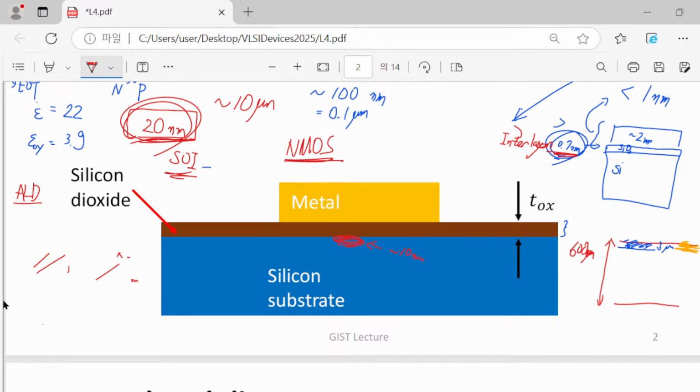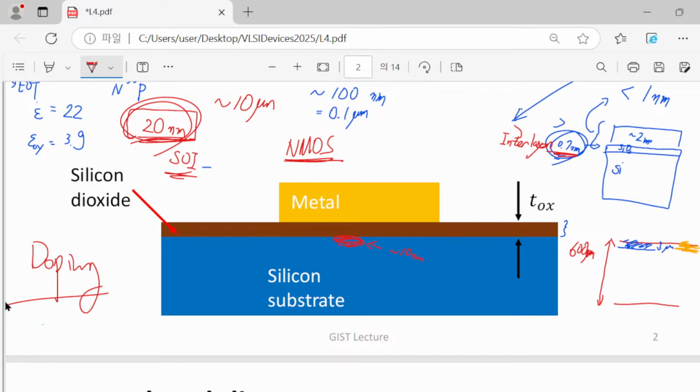Okay, so that was a really good question. Also I wanted to say that the importance of doping is relatively lower than in the planar MOSFET. I will talk about it again and again later. In the planar MOSFET case, the most important way to control the threshold voltage was doping. By controlling doping, you can change the threshold voltage.